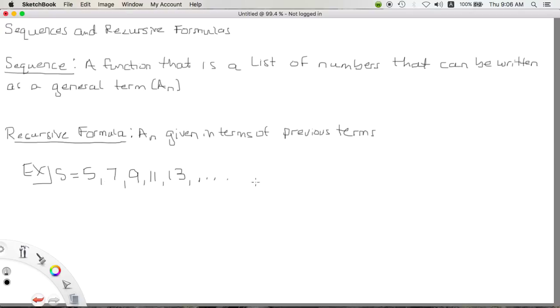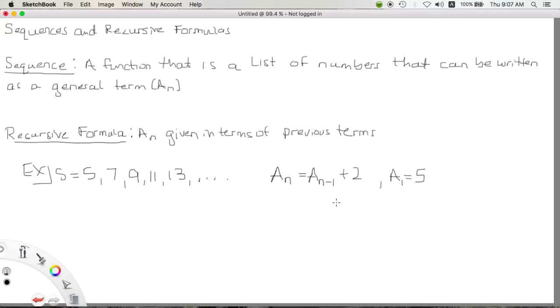I could write the general term by saying that each term, where n is the position it's in, so this is the first position, this is the second position, so this would be A1, A2, each general term is the term before it plus 2. And we start out with A1 being 5. That way I have a pattern so that I can make my sequence.